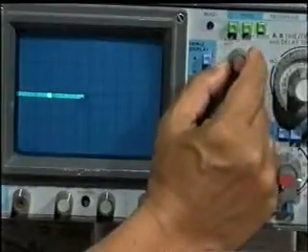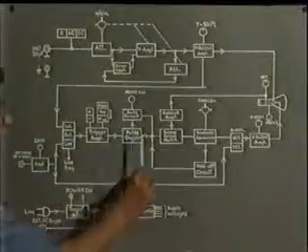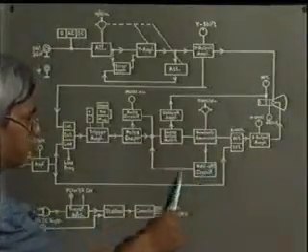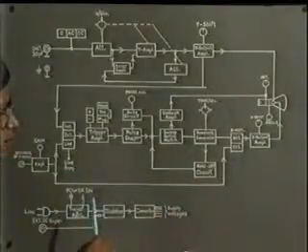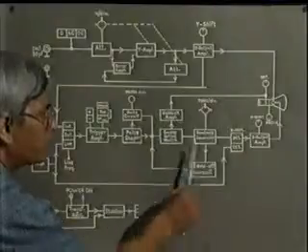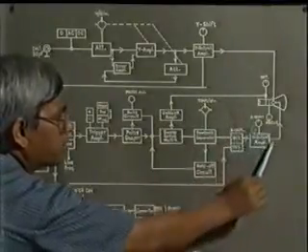Let us see the block diagram once again. The role of the sweep generator is to generate sawtooth, and these sawtooth are amplified in the horizontal output stage.